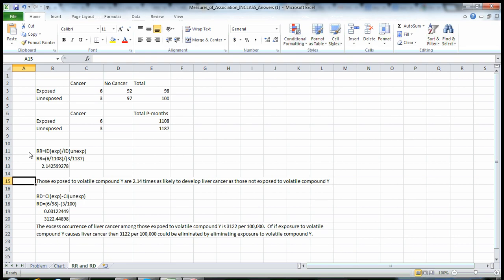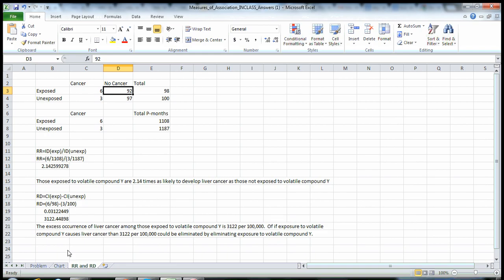The next problem is using cumulative incidence to calculate our risk difference. So we need to do our risk difference 2x2 table using cumulative incidence. For a cumulative incidence 2x2 table, again, we've got the number of new cases in the exposed and the unexposed, which is again just 6 and 3. Then we need the number of individuals at risk who did not develop disease.